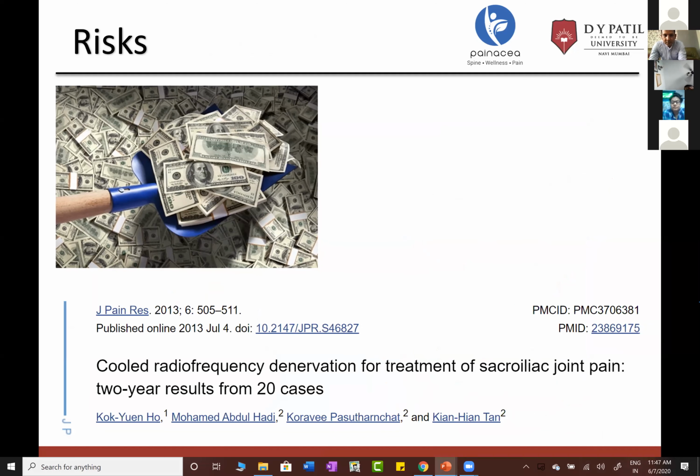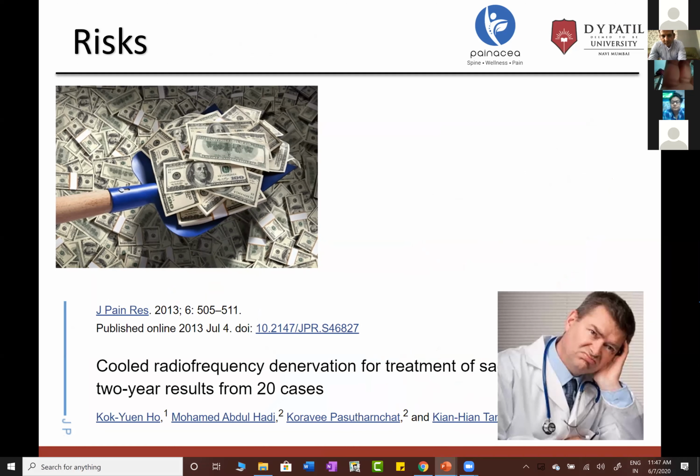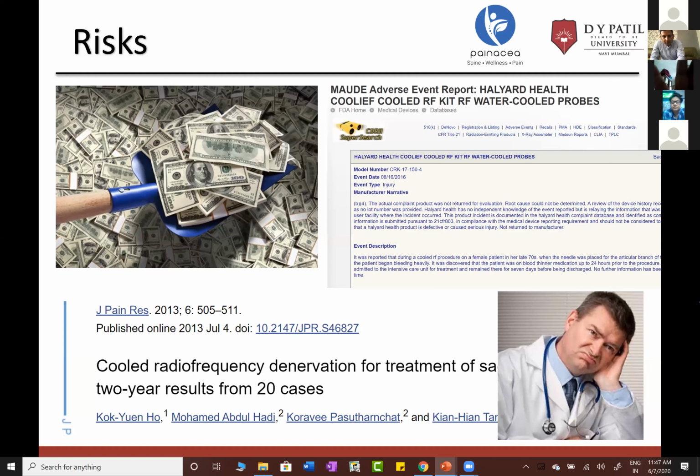Then, since it is not done very frequently, for example, this is a case series of only 20 cases, published in a PubMed journal. So you can imagine the volumes are very low, so we have limited data in literature. Whenever you search on the effectiveness, you will find limited data, and at the most 1 or 2 level 1 evidences. And there can be some side effects also of your techniques.